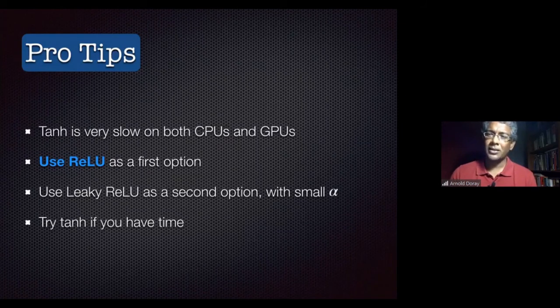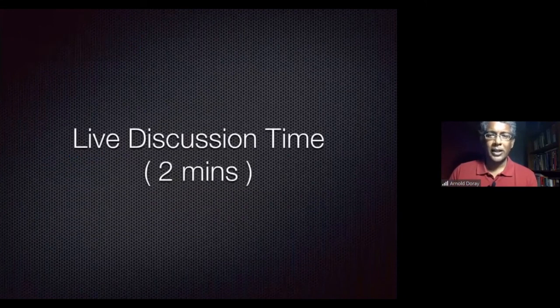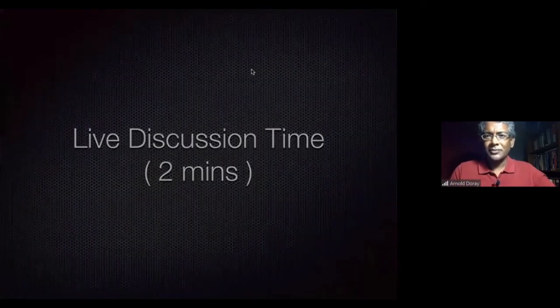But if you're trying 100 combinations, 100 times 10 is 1,000 minutes, which is still a long time to wait for an answer. So don't use tanh if you can avoid it. Use ReLU as your first option. It's fast.